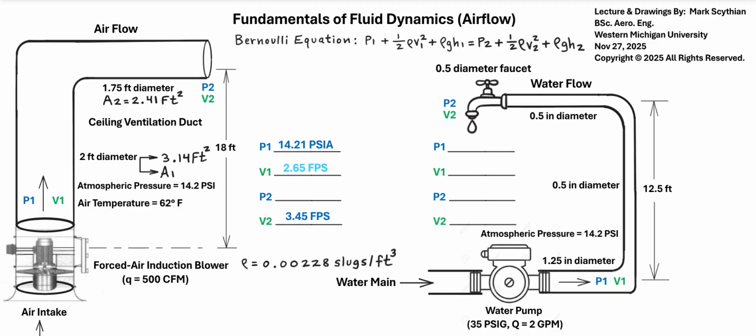So that's 18 feet. If we work this out by substituting our calculated information, we have 14.21 plus the quantity of 1/2 or 0.5 times the air density, then times the V1 quantity squared. So we calculate this value and then we add it to the rho g h1.